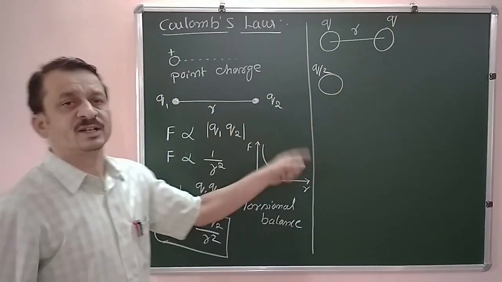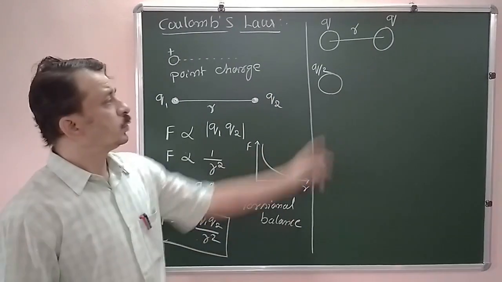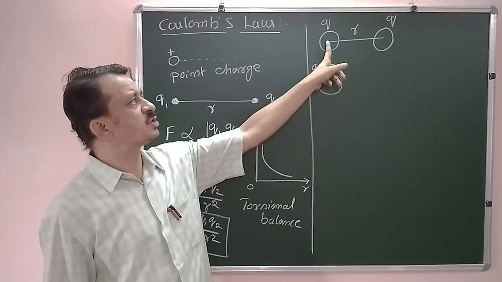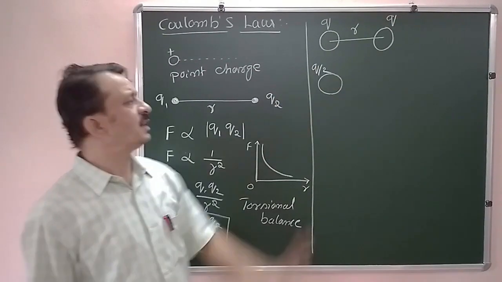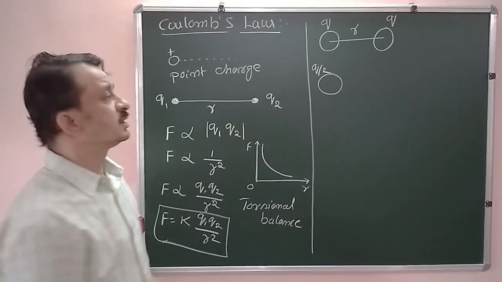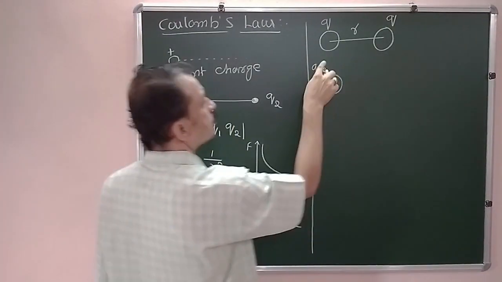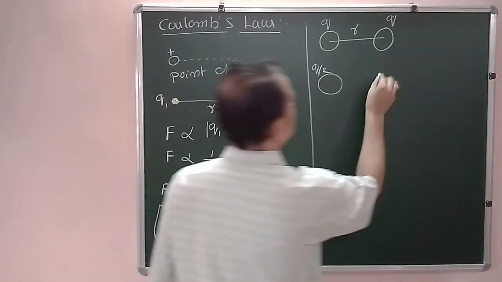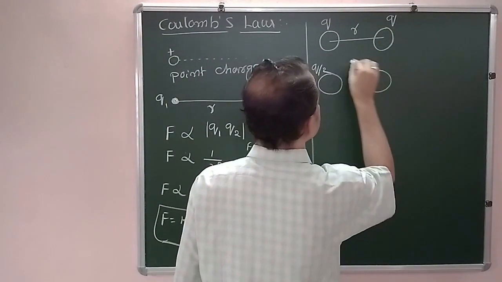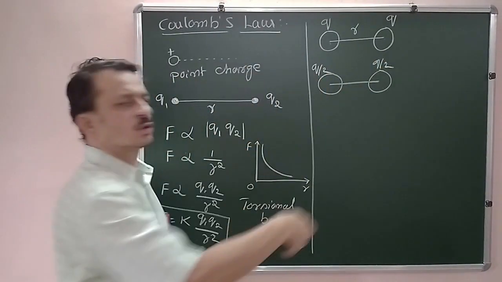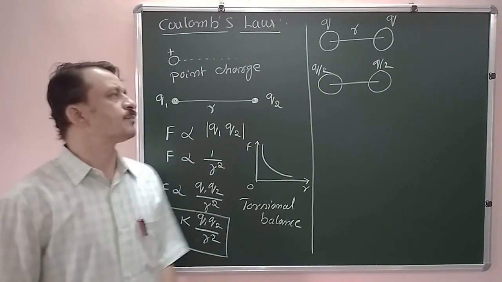Since they are identical in shape and size and everything, when this identical sphere, which is initially uncharged, is touched to the first sphere, the charges are equally shared. Therefore, charge on this one also becomes Q by 2, and the charge on the uncharged sphere also becomes Q by 2. Now he brought these 2 spheres to the same distance, and he worked out the force.